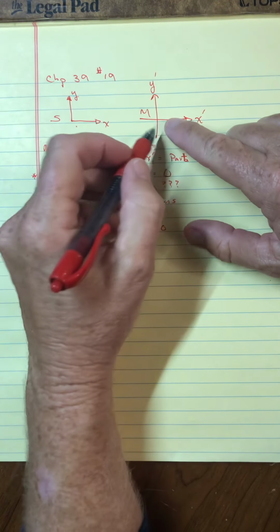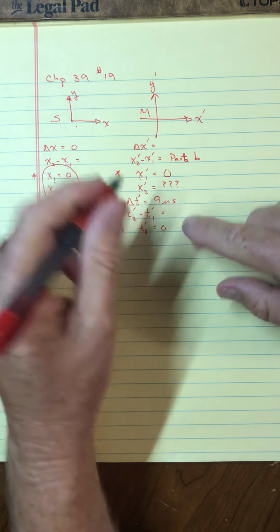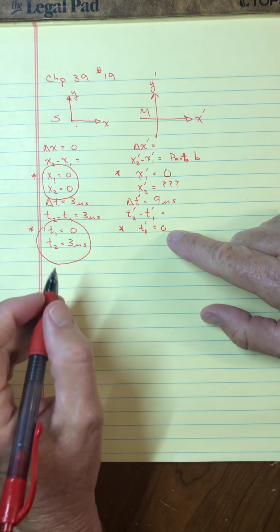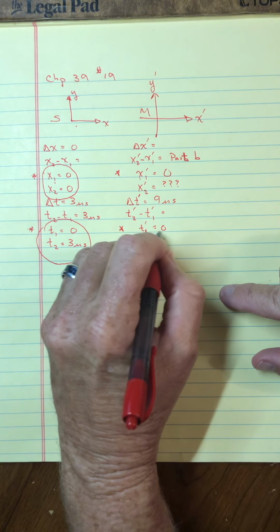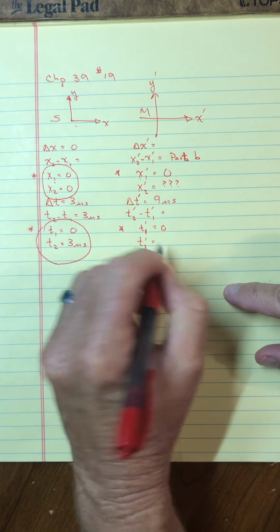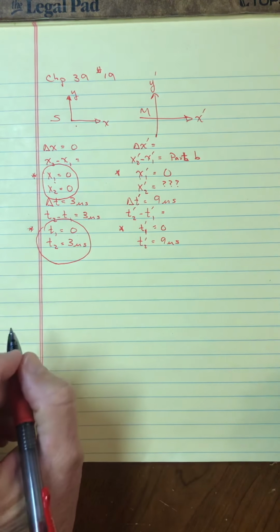And again, Mark sees that first flash and defines that to be his origin and his time frame of 0. And of course, if you define T1 prime equaling to 0, that makes T2 prime equaling to 9 microseconds. Okay.